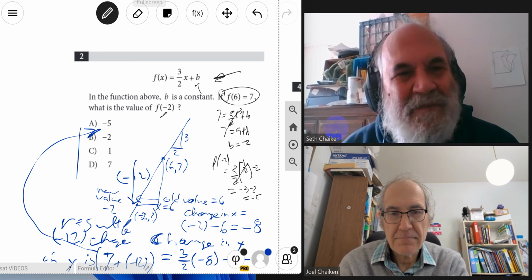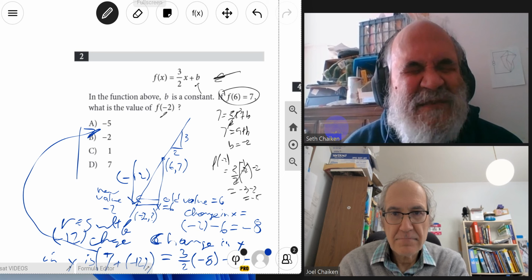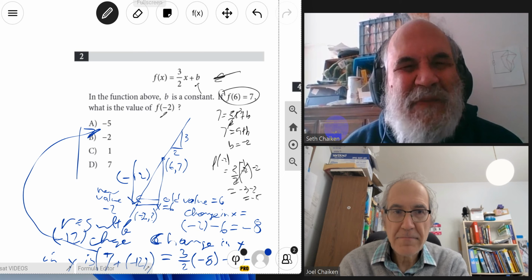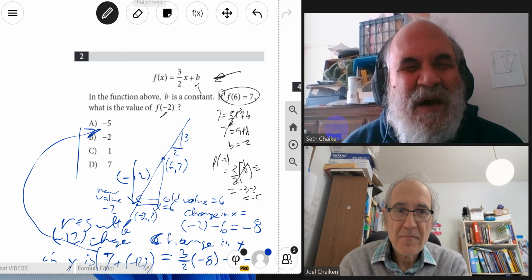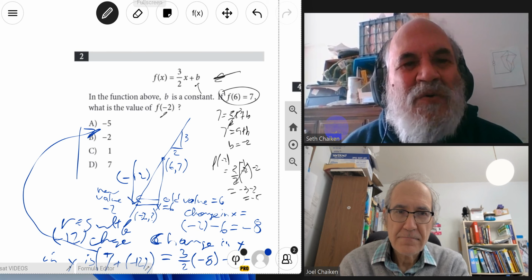And it entails the fact that, when you have a function like this, the constant B and the slope are independent. Right. Yeah. And a problem involving the slope can be solved by working with the slope alone.